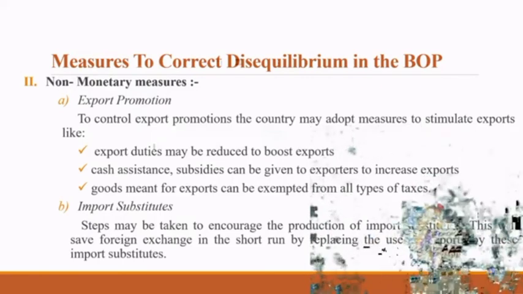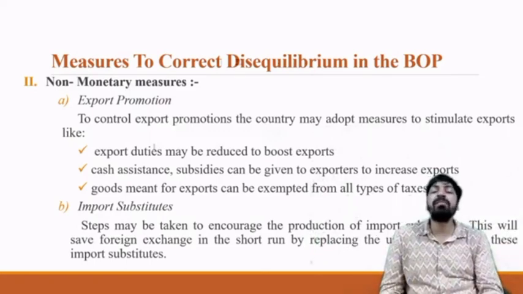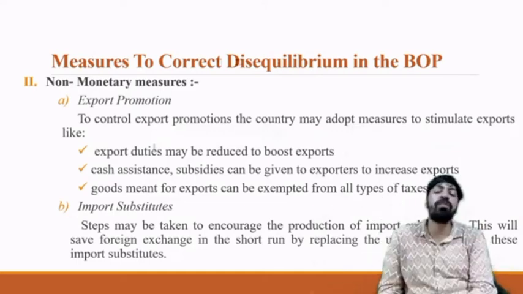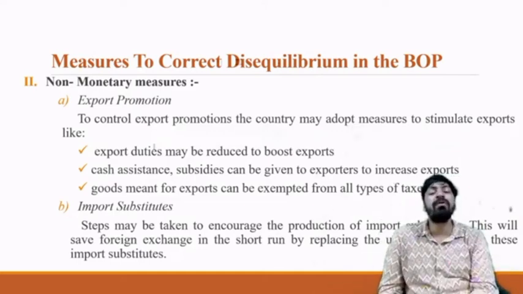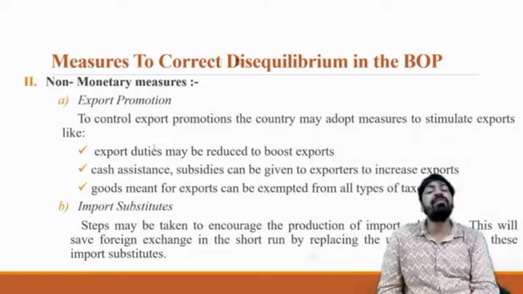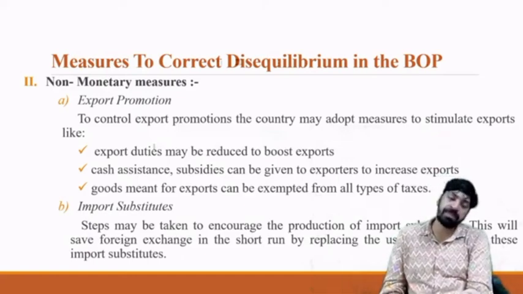That means if the demand for one good cannot be met through import, then another similar good could be imported instead. So ultimately, it will save foreign exchange in the short run by replacing imports with these import substitutes.